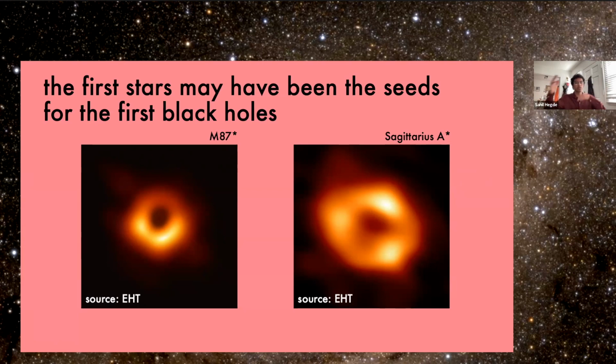And those black holes will then grow over time, and they may have been the seeds in that sense, or the parents of the black holes that we see today. Like here is Sagittarius A star, the black hole at the center of our galaxy. And here is M87 star, a black hole in a nearby galaxy. So I'm not going to talk about this too much, but that's just another interesting point that we can talk about more if anybody's interested.